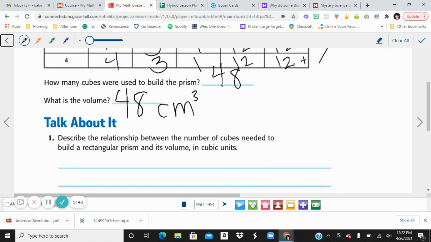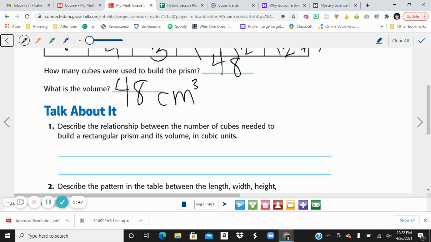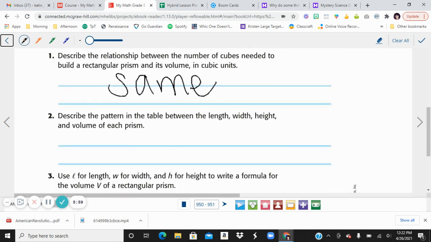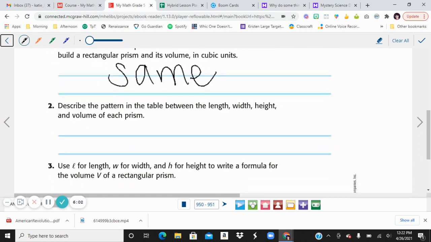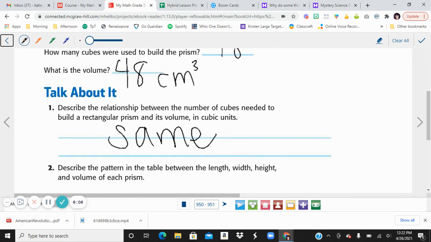Describe the relationship between the number of cubes needed to build a rectangular prism and its volume in cubic units. They're the same. The number of unit cubes that you would fill inside that prism, stacking it perfectly, is the same as its volume. Describe the pattern in the table between length, width, and height and the volume of each prism. Well, the pattern is they're the same.